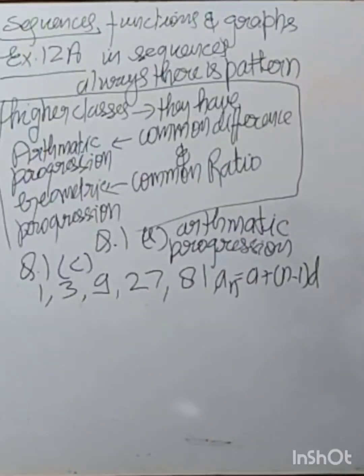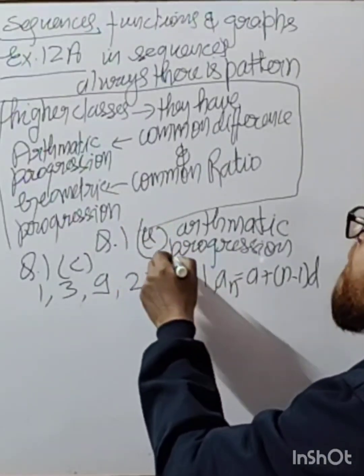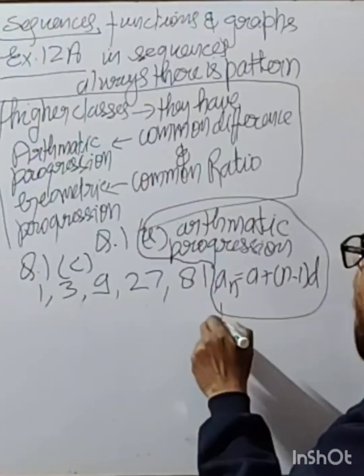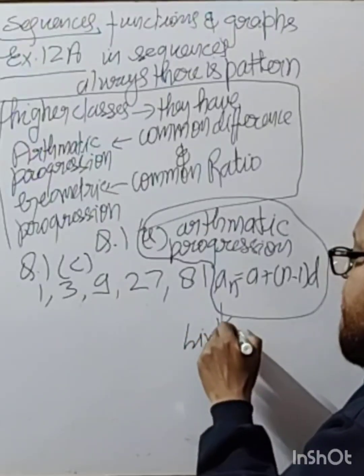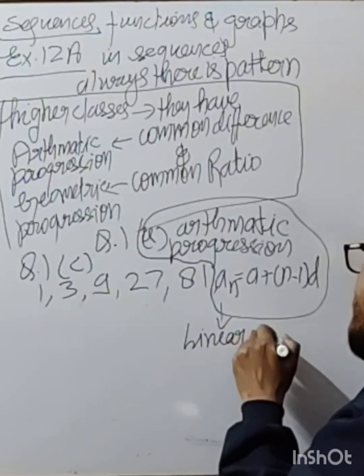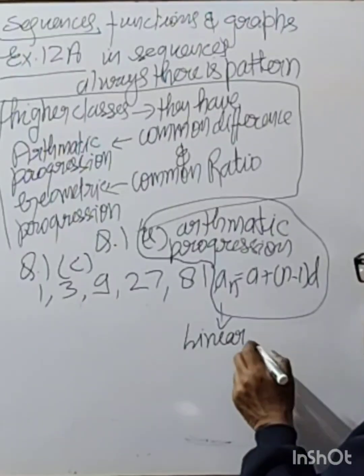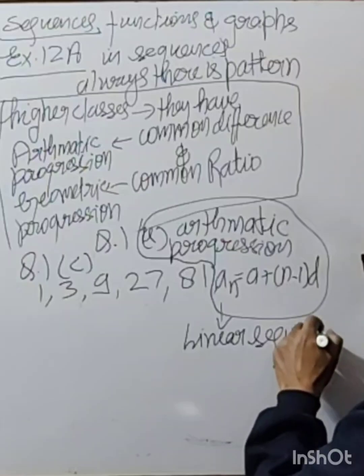In your book, it is called a linear sequence.